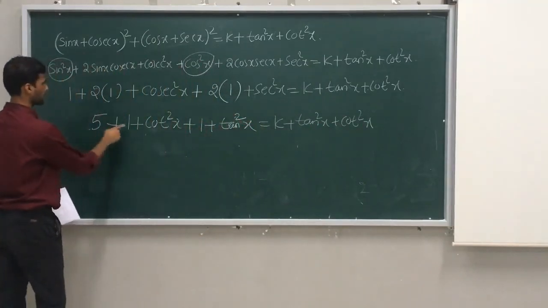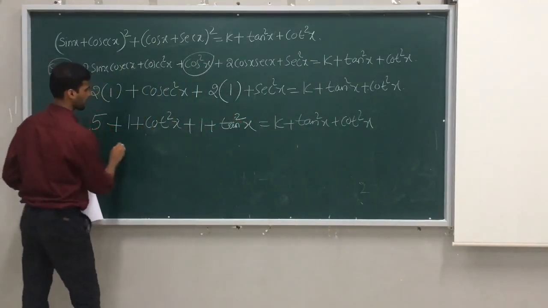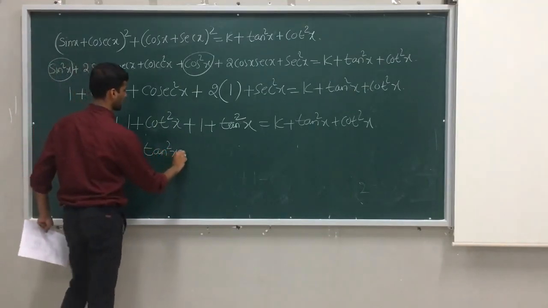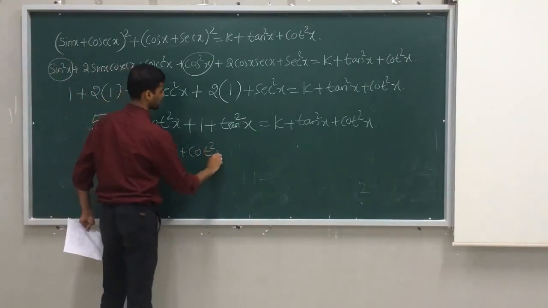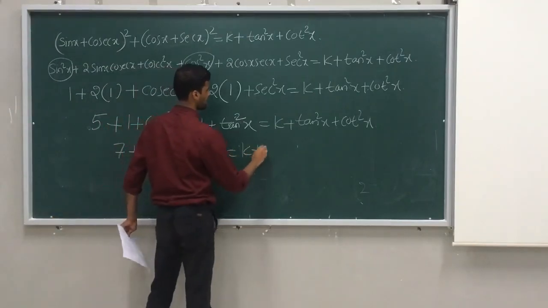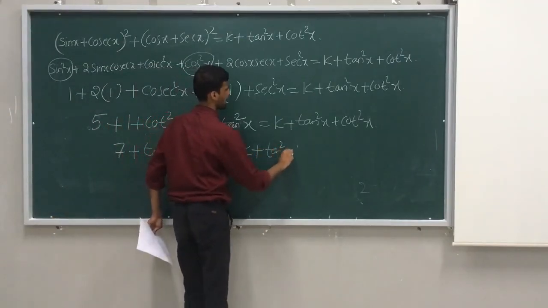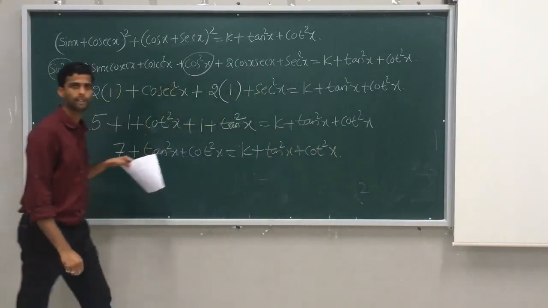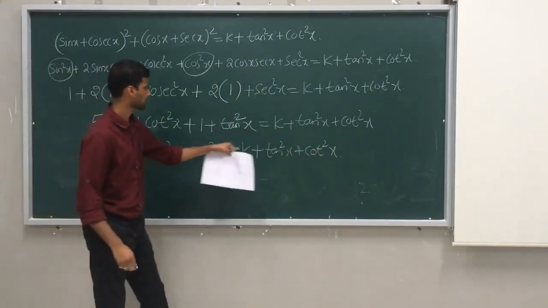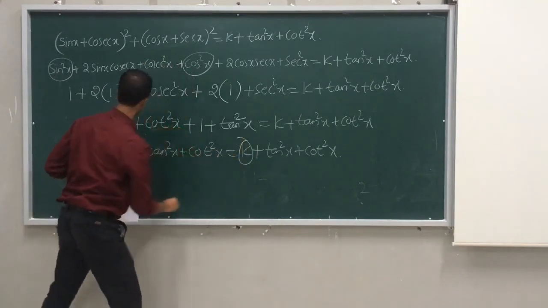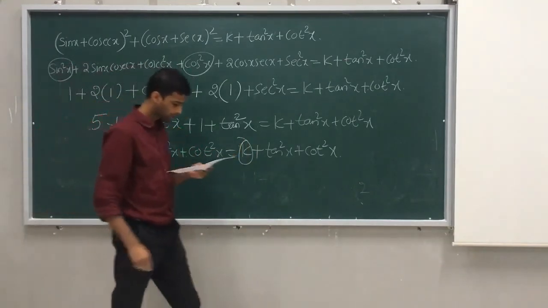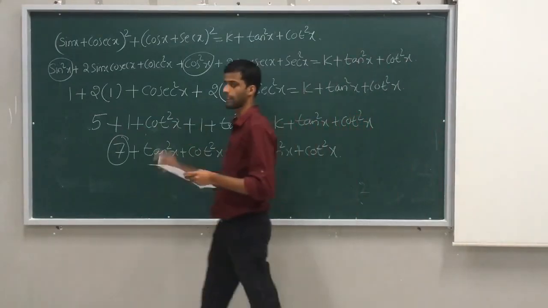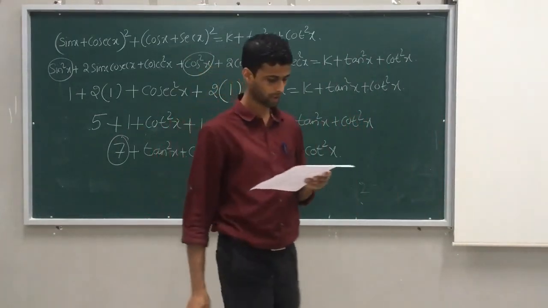So 5 plus 1 is 6, plus 1 is 7. It is 7 plus tan square x plus cot square x, and the right hand side is k plus tan square x plus cot square x. Both are the same equation, tan square, cot square. When you compare, you get k as 7. So it is given in the options, yeah, it's option B. Therefore k equal to 7 is the right answer for this particular question.